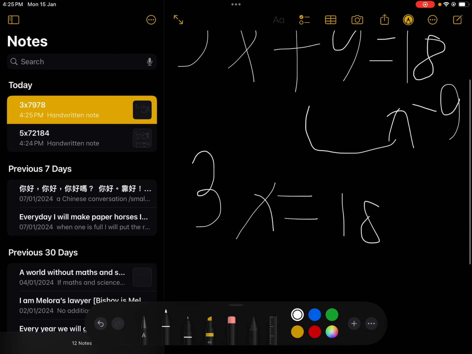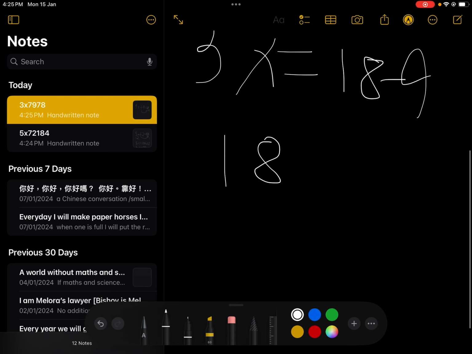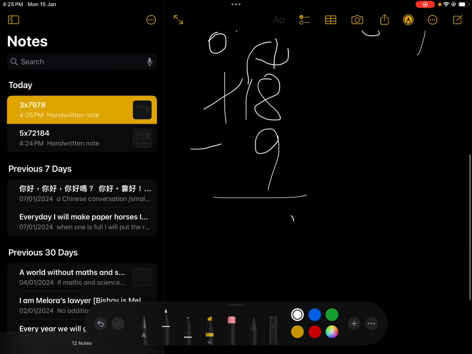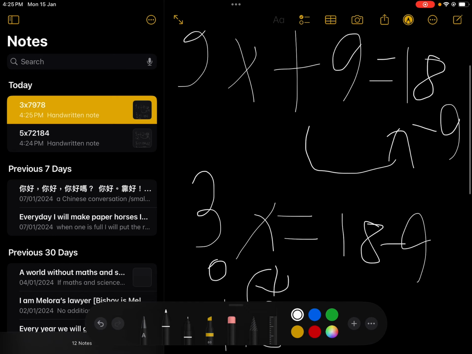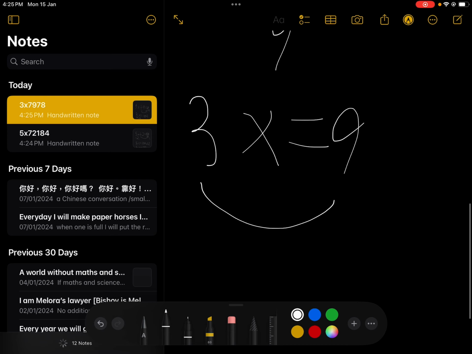Now 18 minus 9 equals 9, then we can simplify this into 3x equals 9. Now just what I said earlier, the 3 is going to go to the other side, so it becomes divided by 3.